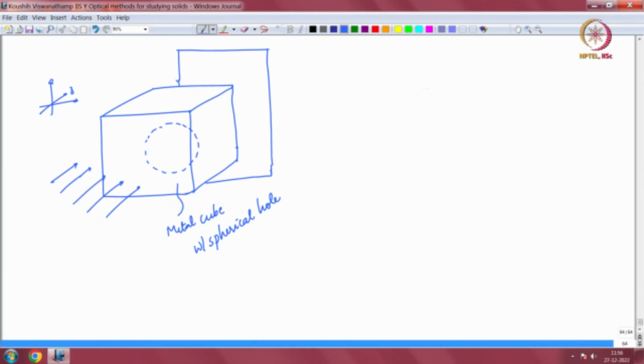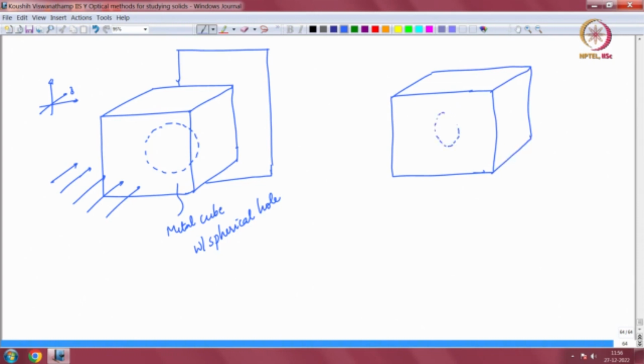The second sample is an identical looking cube. I will try to draw it as identical as possible, but even if it does not look the same, please assume that it is identical. But now instead of a spherical hole, it has inside it a cylindrical hole. Same outer dimensions and same material and so on.